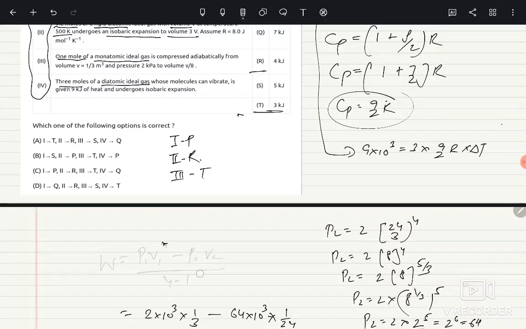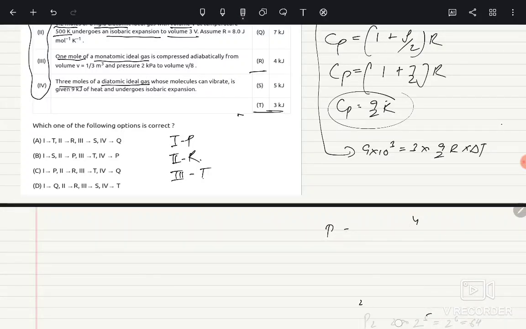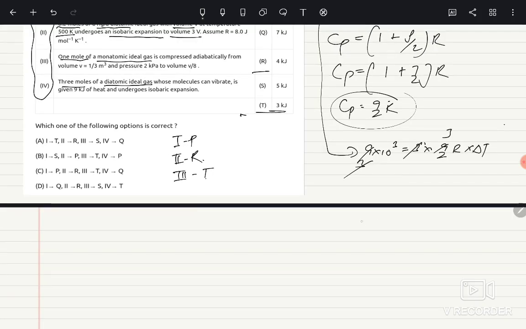If we get delta T, we can get our desired answer of delta U. So 9 and 3 cancel, and we get delta T equal to 10 to the power 3 into 2 by 3R.